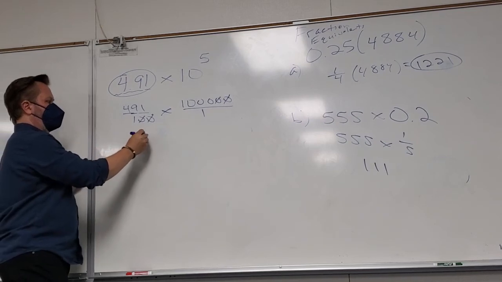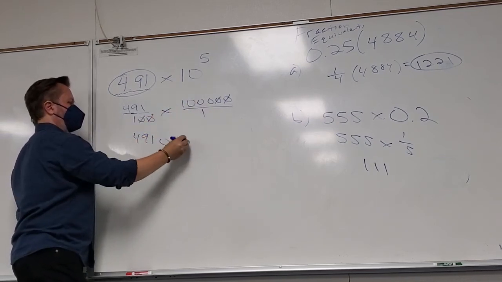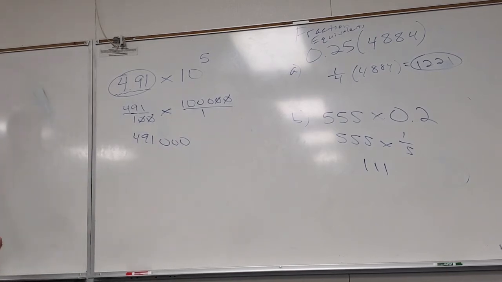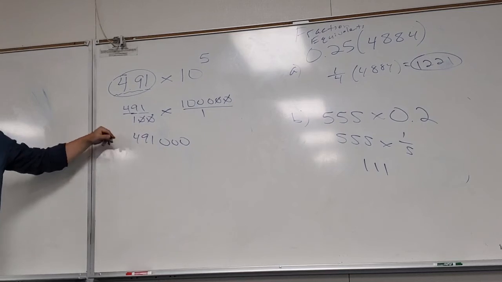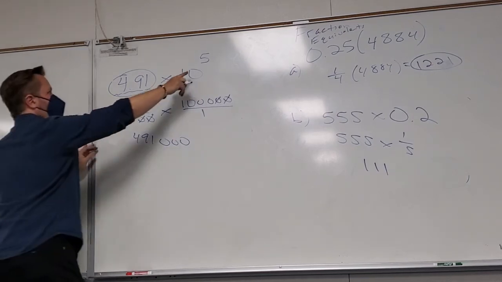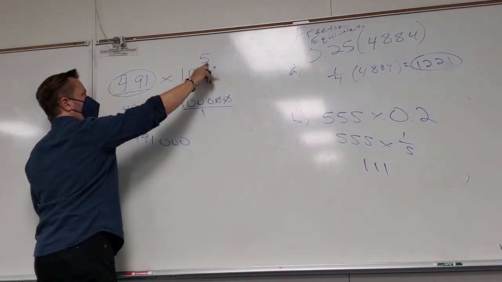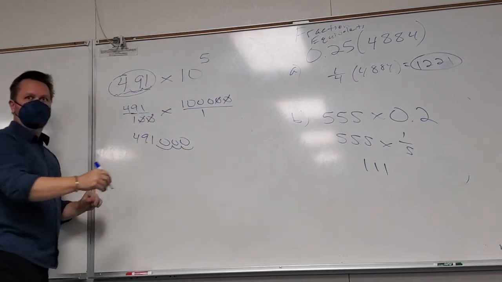So now you get 491, 3 zeros. Now, does somebody know a shortcut to go from here to there? Well, yes, you do. What happens every time I multiply by 10? The decimal gets moved 1. So how many times am I going to move the decimal place? So 1, 2, 3, 4, 5, right?